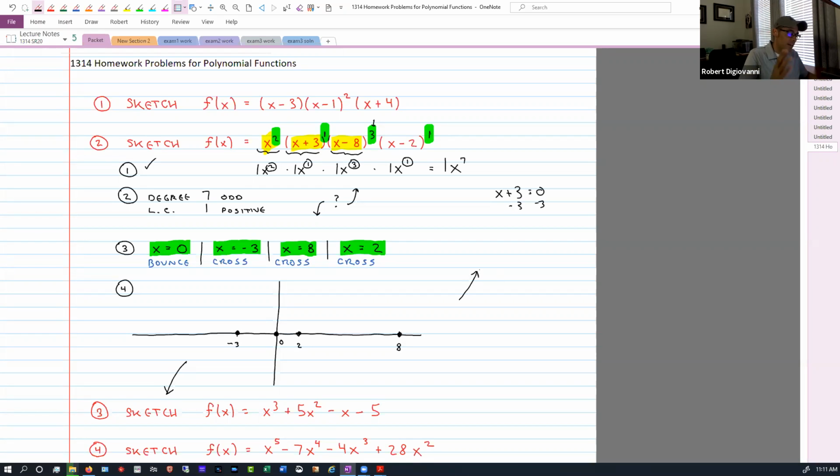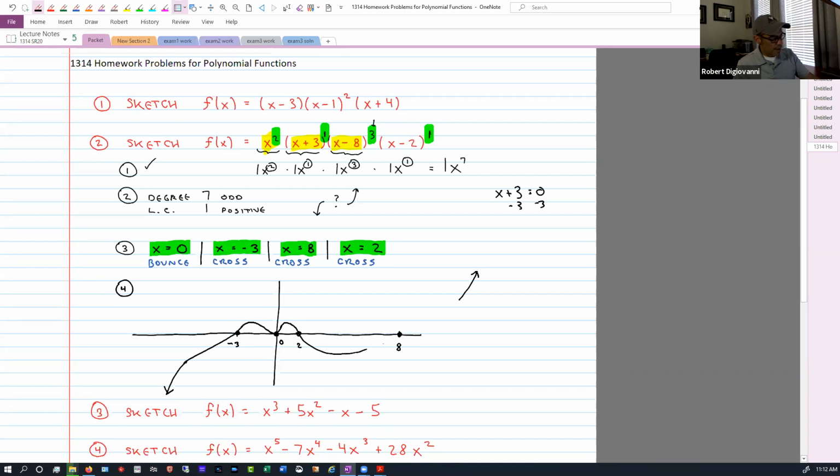Move to the right, and go to -3, cross through. So I'm going to cross through -3. But when I turn back to go to 0, I'm going to have to bounce. So I bounce off, turn back around and go through 2, crossing.